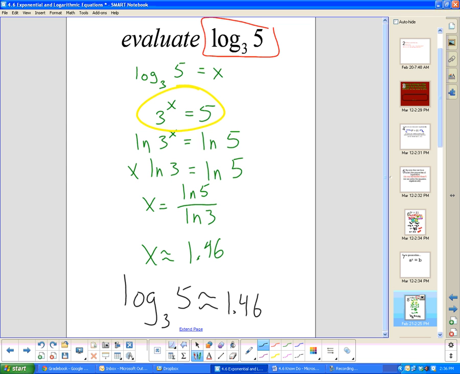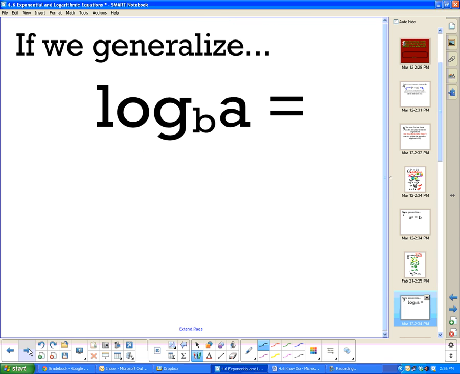So that condition 2 is very, very helpful for us. And we can generalize those sort of statements, and instead of going through that step the whole time, we can generalize some of this into what we call the change of base formula.